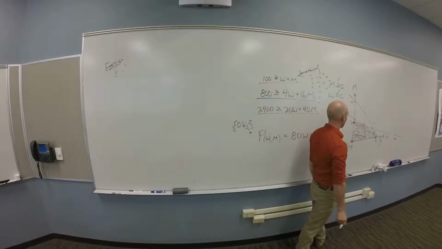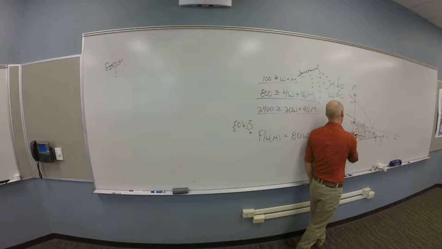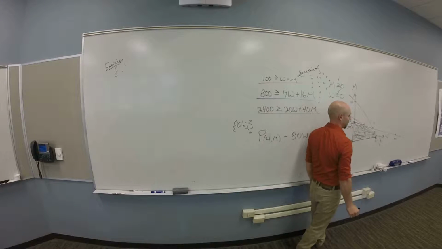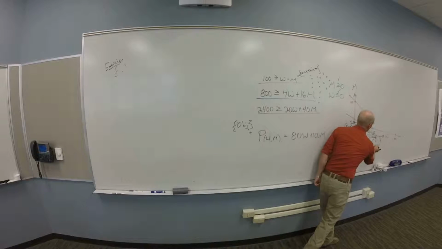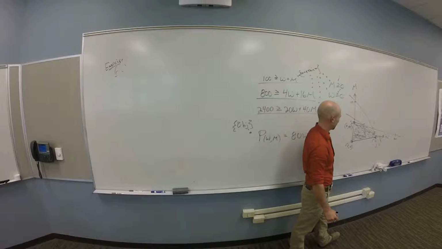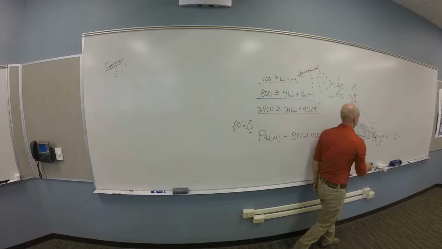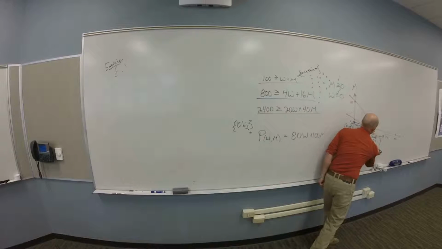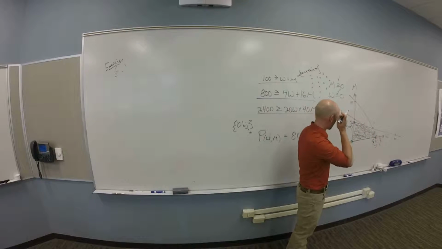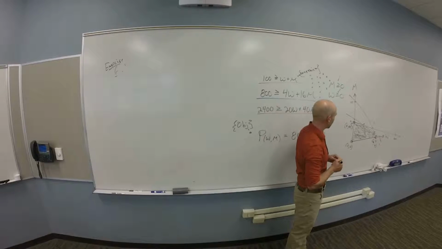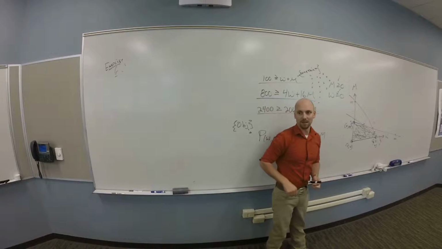What's the blue thing? Where's that hit here? That's 0 over, 50 up. This one on the pink is 100 over, 0 up.